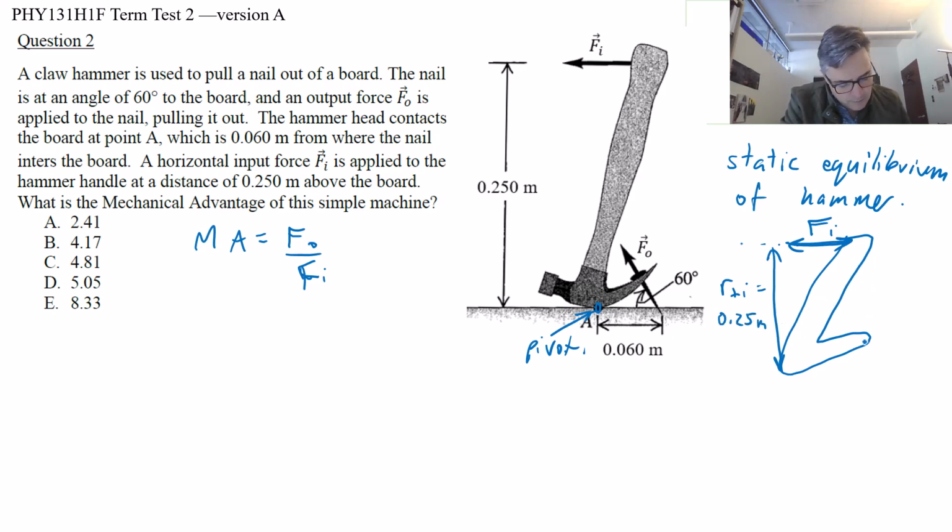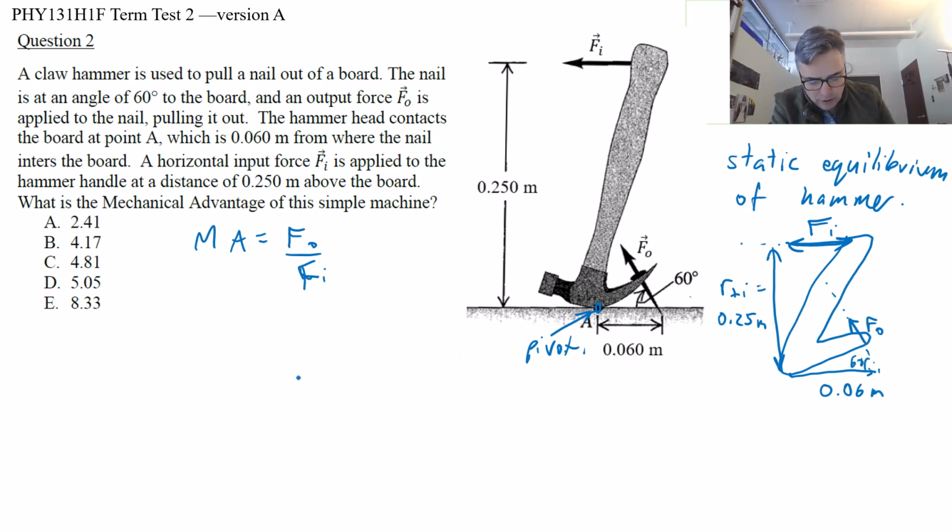And if I draw your output force on your nail, and there's a force line here, this distance right here is 0.06 meters, and here's your angle, 60.